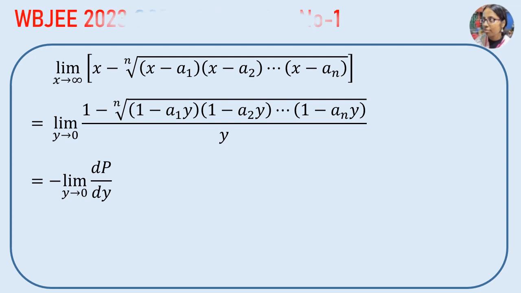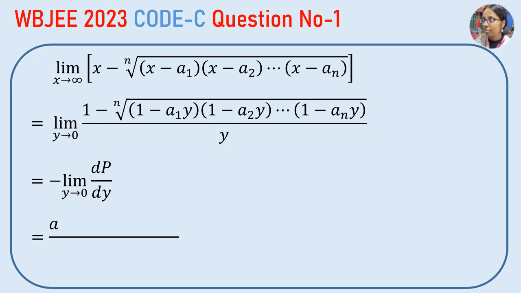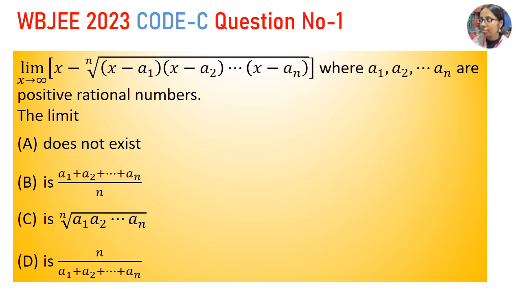The required limit is nothing but (a1 plus a2 plus ... plus an) on n. So, option B is correct.